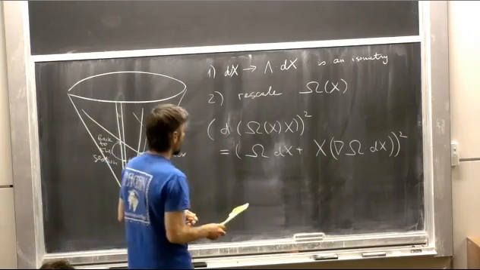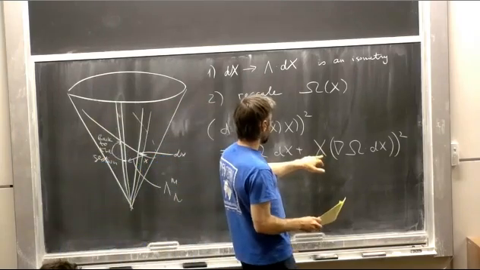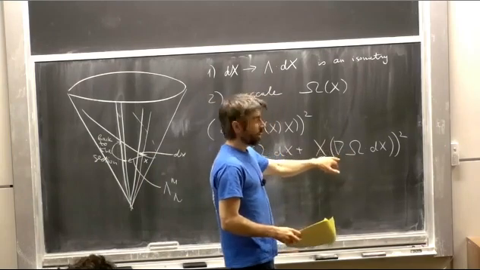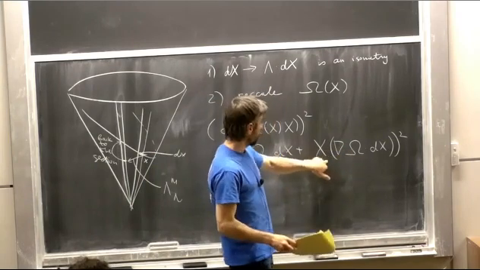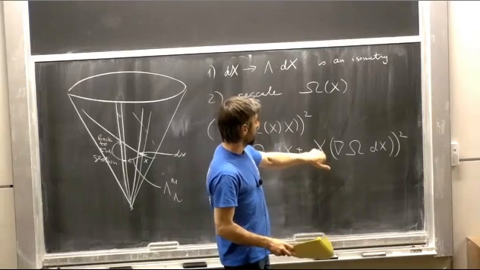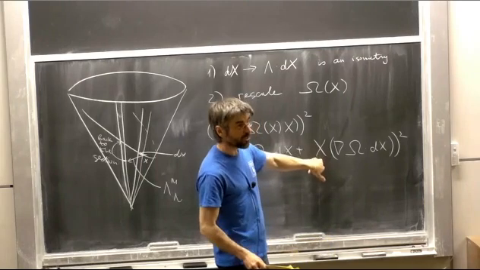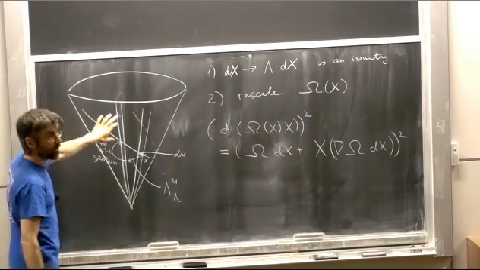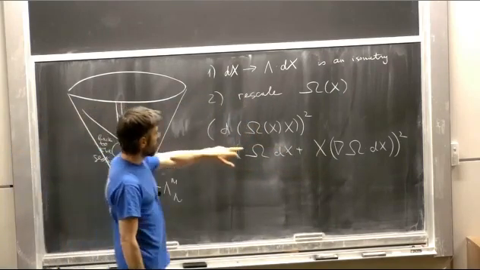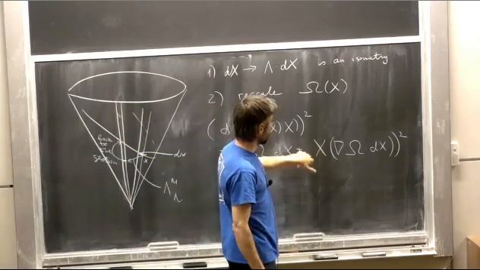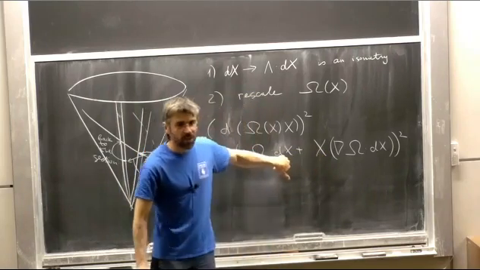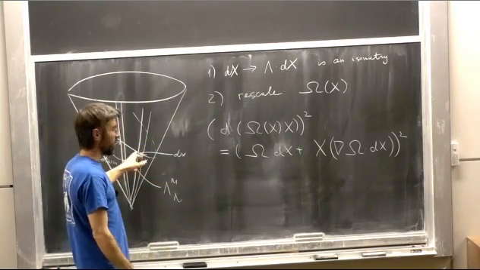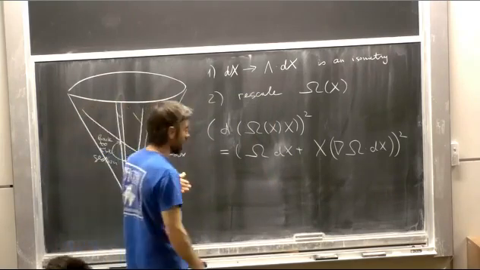And now you see that all the cross terms which involve gradient of omega, they're going to drop out, because either they are going to be proportional to x squared, and x squared is equal to 0 because I live on the light cone, or they are going to be proportional to x dx, but x dx is also 0 because both the initial and final point both live on the light cone.